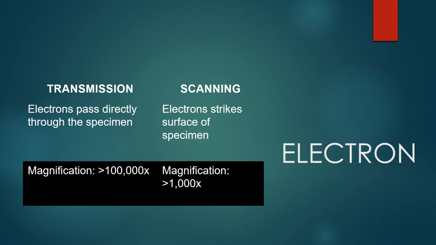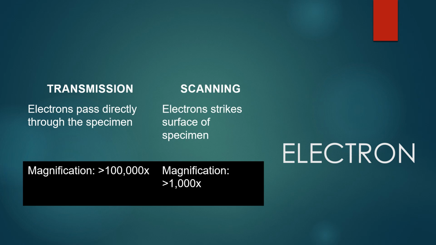With your transmission, your electrons pass directly through the specimen, and with your scanning, your electron strikes the surface of the specimen. That is why your scanning will provide you a three-dimensional shape of the specimen, while your transmission only gives you a two-dimensional view of your sample.